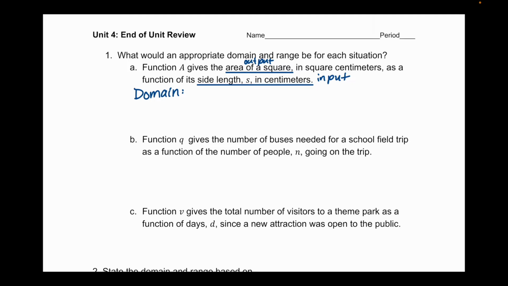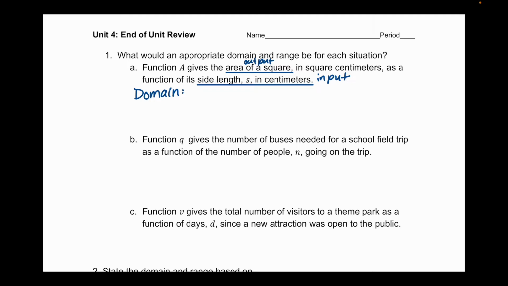So a reasonable or appropriate domain for this is, since it's a distance and we're measuring it, no negative numbers. I like to ask myself if negatives or 0 make sense, or if fractions make sense, because those are the three general areas that we would tend to exclude from real life situations depending on context.